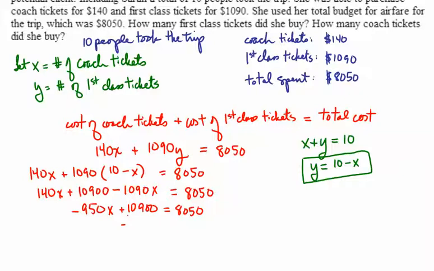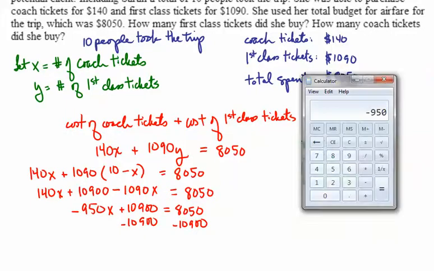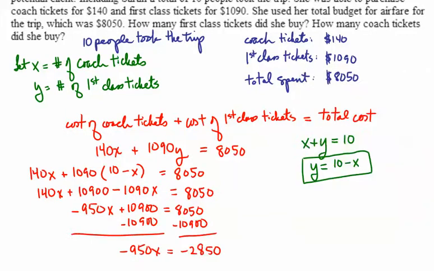When I do that, I'll bring back in the calculator, make sure I don't make any mistakes here. I have 8050 minus 10900 is equal to negative 2,850. And on the left side, I still have the negative 950x.